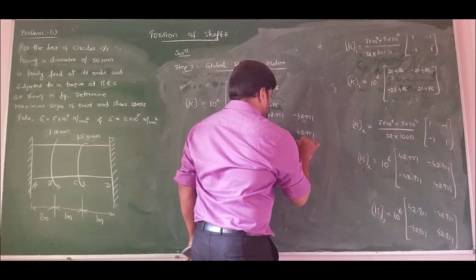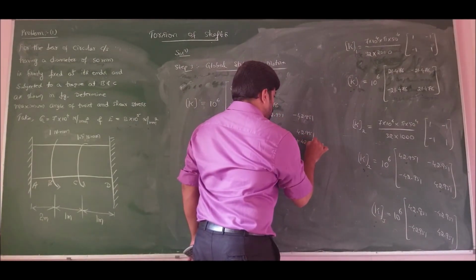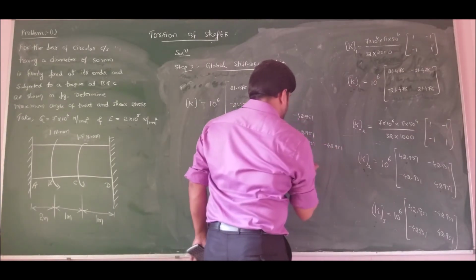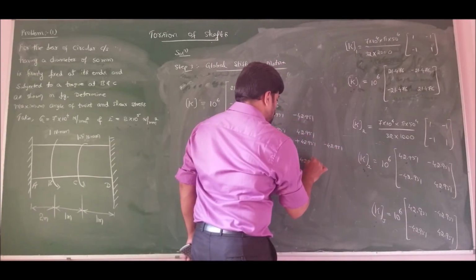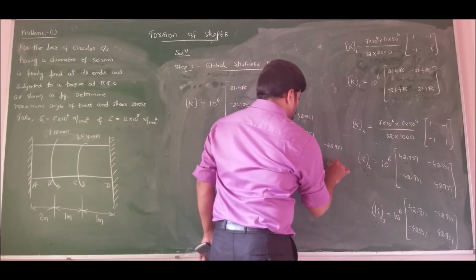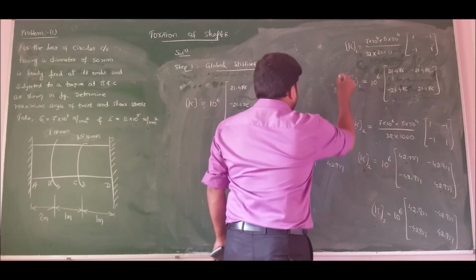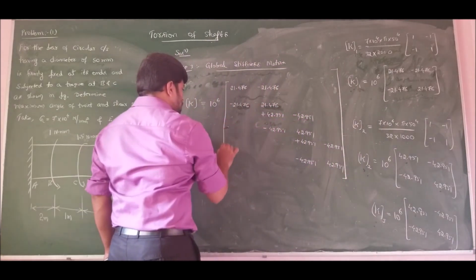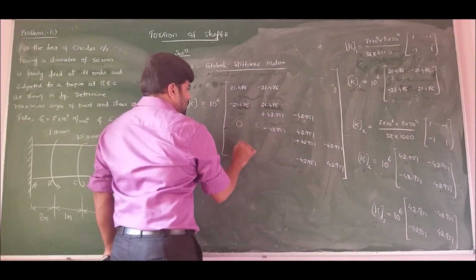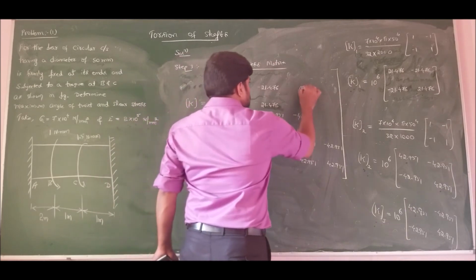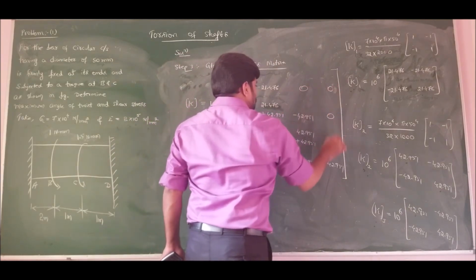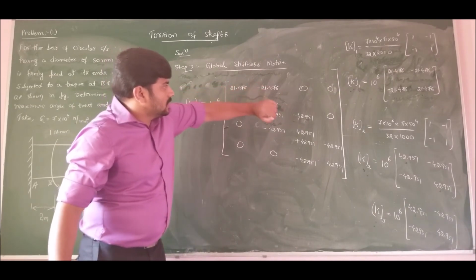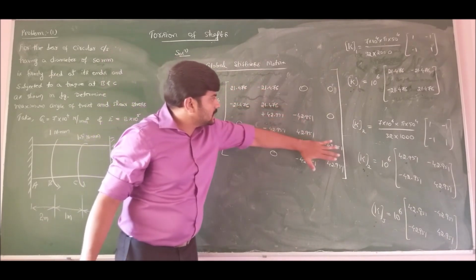I will get plus 42.951, minus 42.951, minus 42.951, plus 42.951. So this completes the global stiffness matrix whose order is n cross n, where n is the number of nodes. So the order will be 4 cross 4. If you observe, this is for element 1, this is for element 2, and this is for element 3.